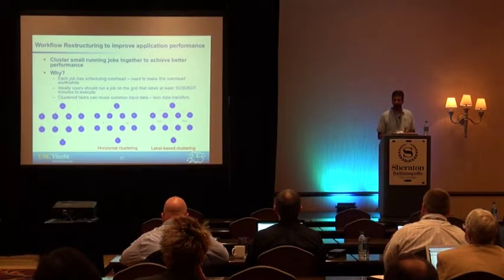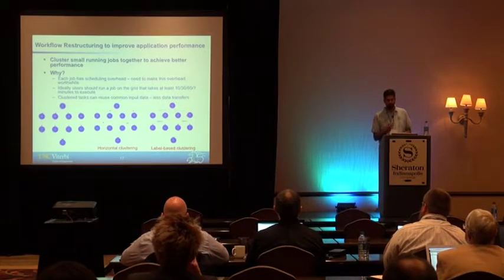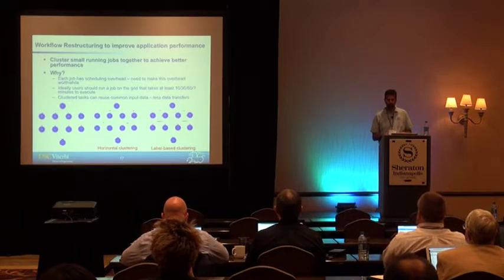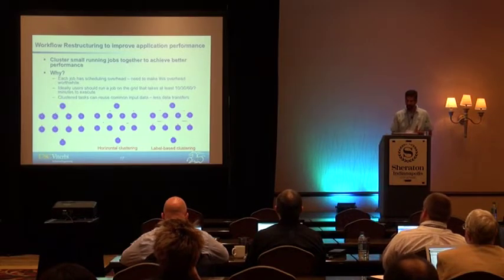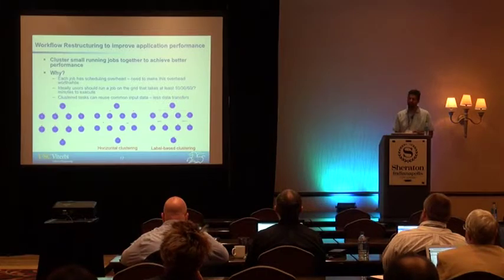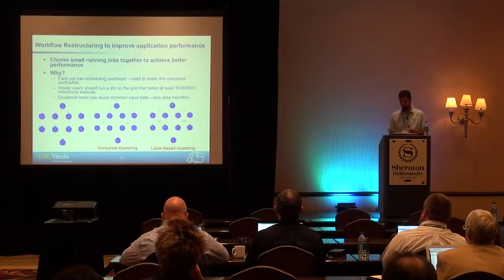But at the same time, you don't want to compromise the workflow turnaround time. Why does that happen? Because once you go down this road of running things remotely, then each job has a scheduling overhead. You need to make this overhead worthwhile. So in Pegasus, we support ways of clustering short-running jobs together automatically for users.